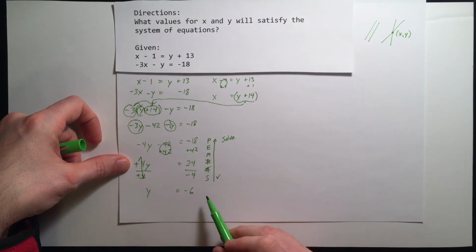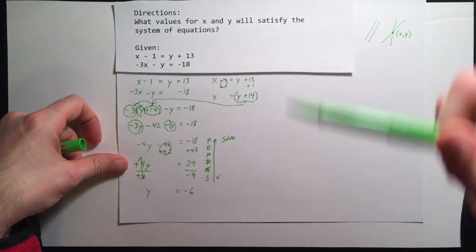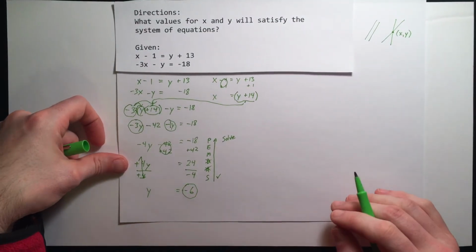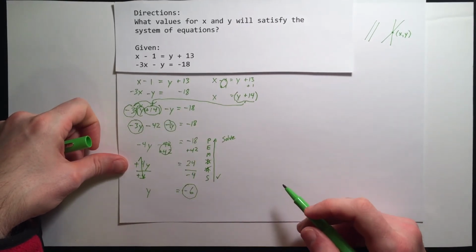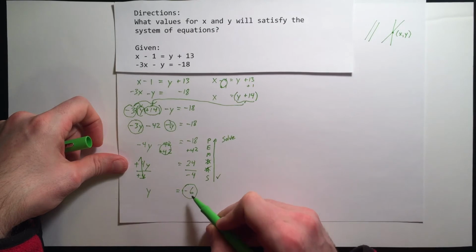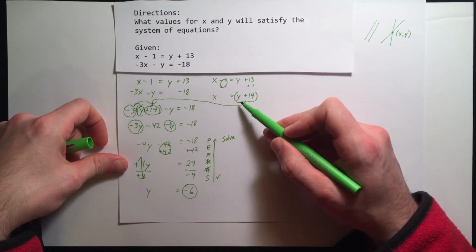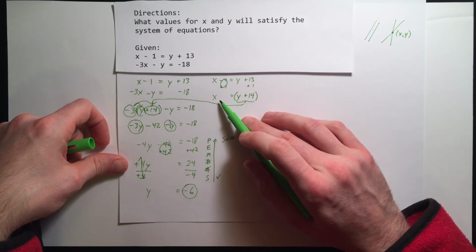Okay, we have found the value for y, but we've been asked to find the values for x and y. So now, take that answer for y, and we're going to do the same thing that we did in this step, is that we're going to substitute. We're going to substitute the negative 6 into the equation where y was. Now, this equation is a great one to use because we've already solved for x.